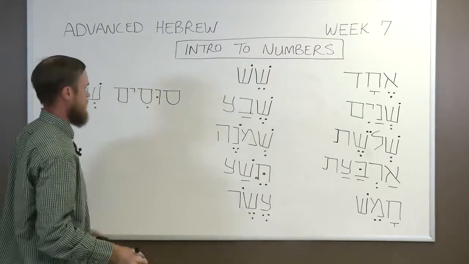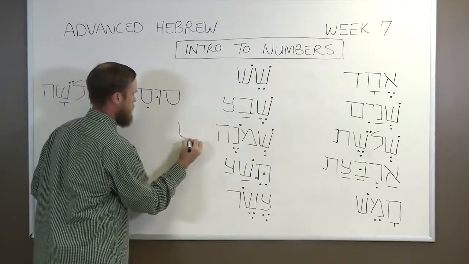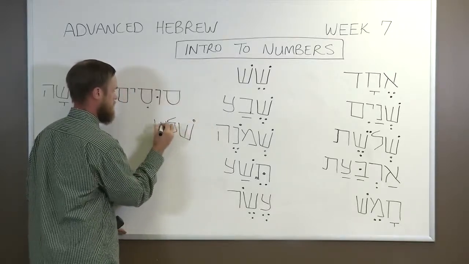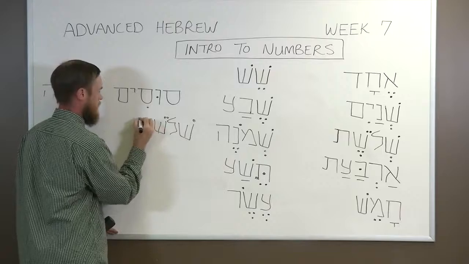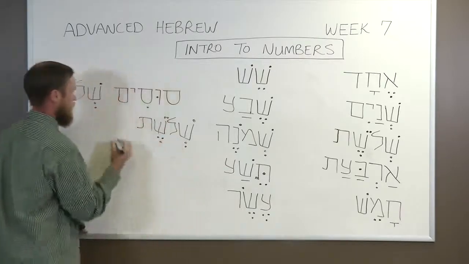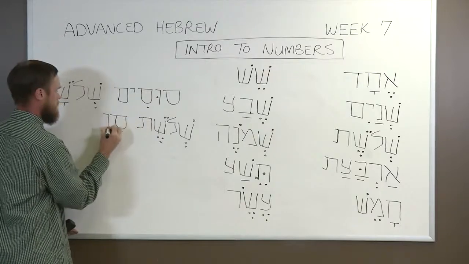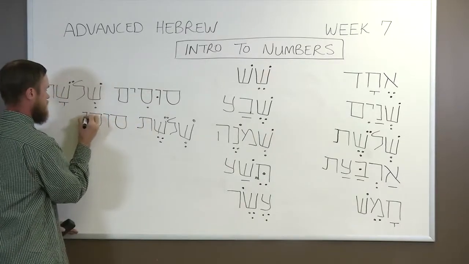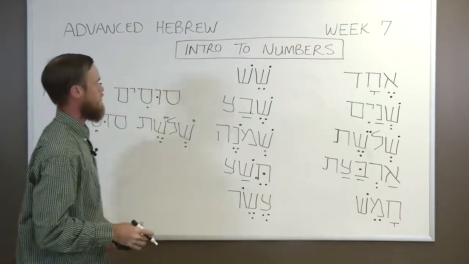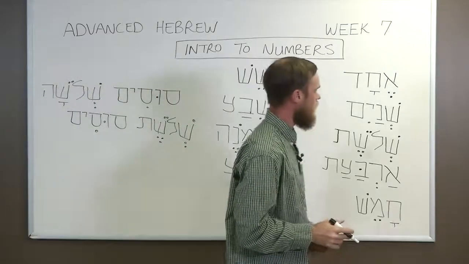Okay, susim shalosha, 3 horses, or in the construct state, shaloshet susim. Either one means 3 horses.